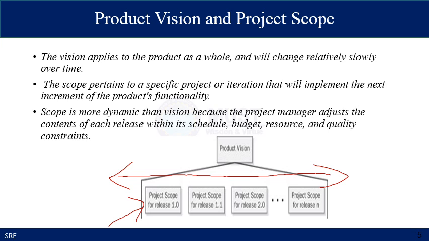For example, in the first release, the major focus can be on the development of the user interface. In the second phase, the development of the background or database administration systems, and for further releases you can prioritize different kinds of requirements. So the vision is on the whole project, and the scope refers to each release.